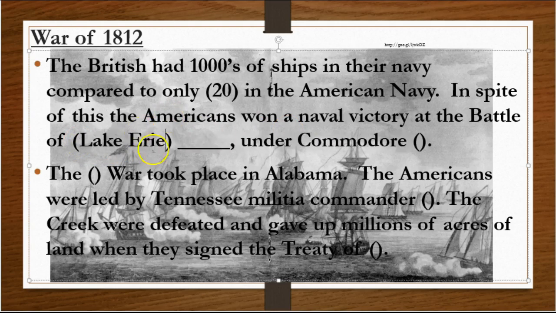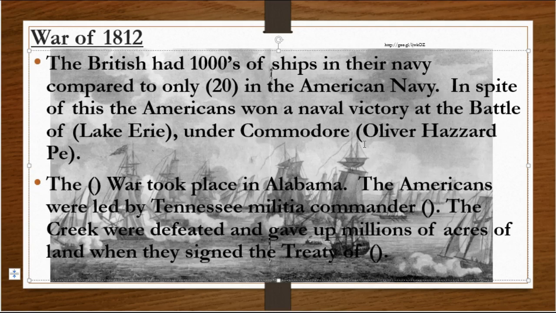right here in Pennsylvania. The Americans were able to beat the British at the Battle of Lake Erie. The commander of the troops during the Battle of Lake Erie for the Americans, his name was Oliver Hazard Perry.